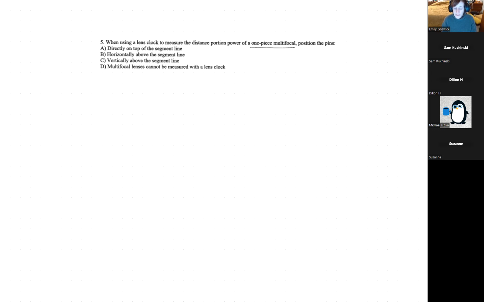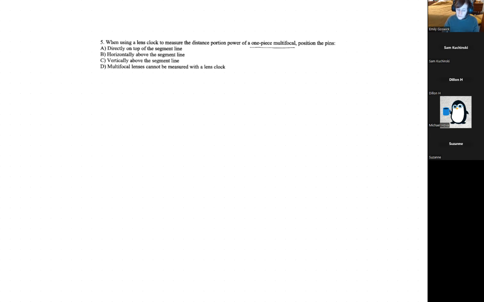We'll go over this; there are a couple of questions on it that we're going to go into in a second. You need to use a lens clock at times to determine the power of a lens. You would read both the front surface and the back surface of a lens, and sometimes on the back surface you'll find two different powers.